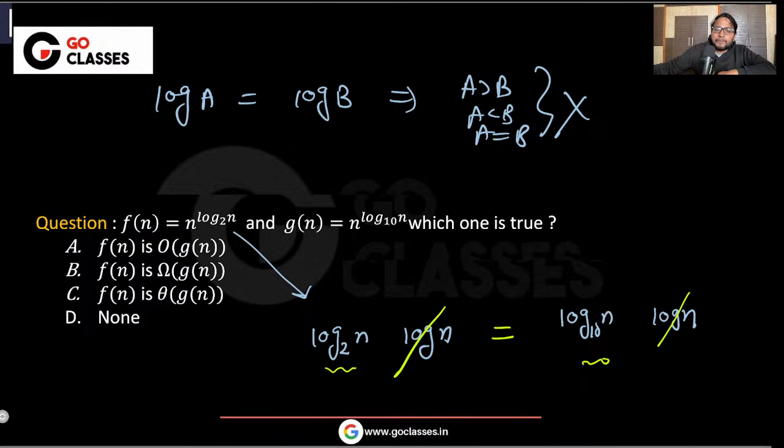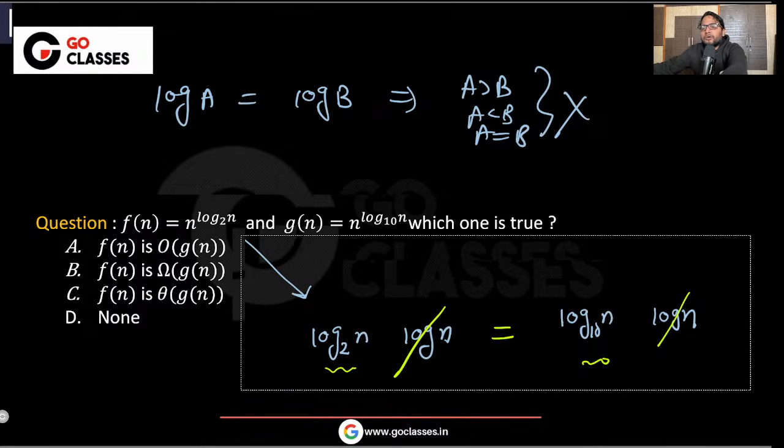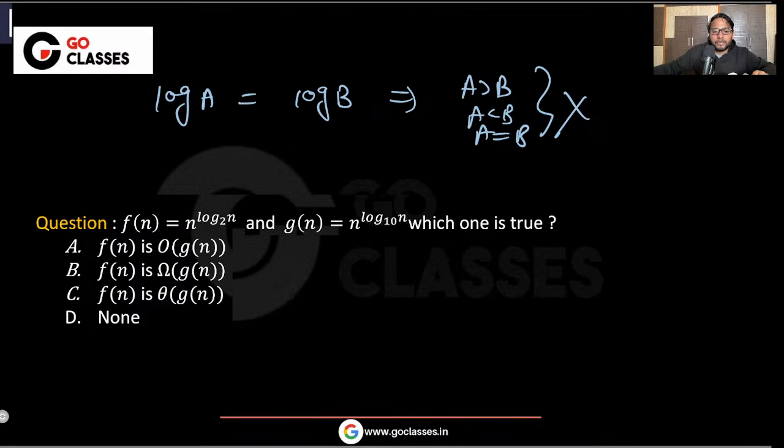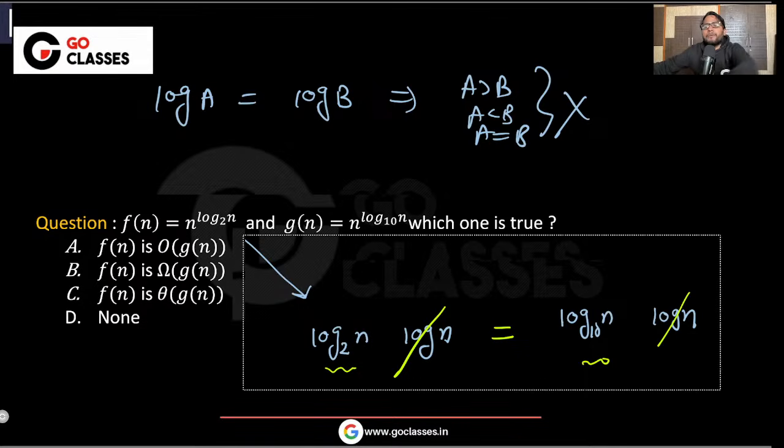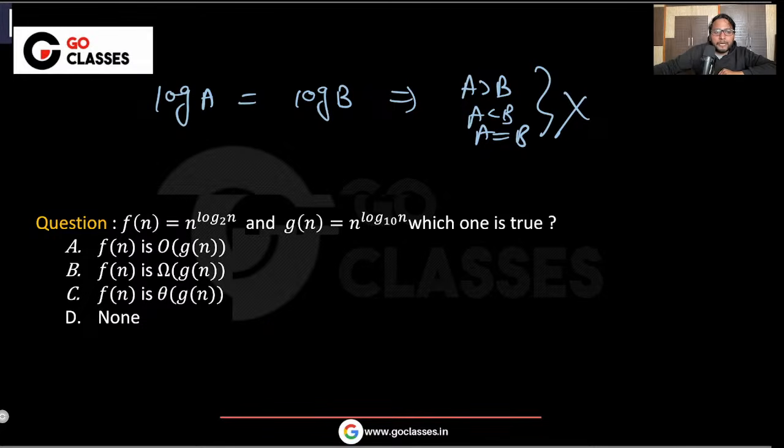So what is the other method that we can use? See here, we need to apply different methods. If something is not working, then what is the next method that will work? Maybe we can just compare the powers. Can you tell me whether log base 2 of n is greater or log base 10 of n is greater?